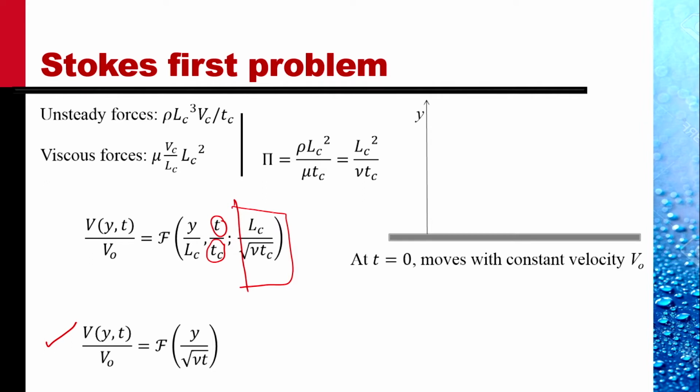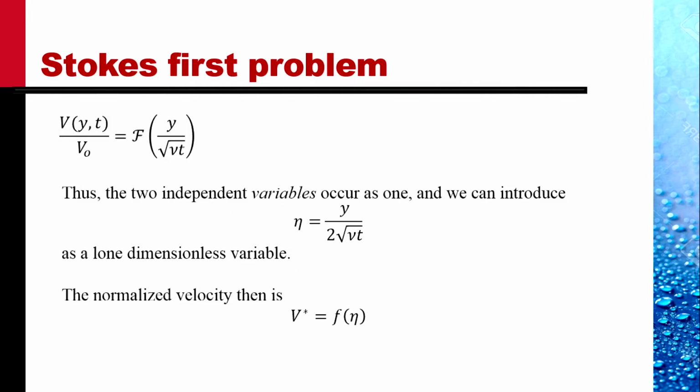From being a function of two independent variables y and t, we have reduced the equation to only one independent variable, which is a combination of y and t. This represents considerable advance.